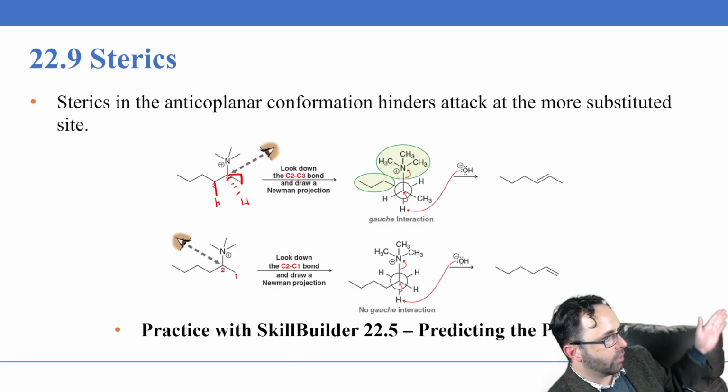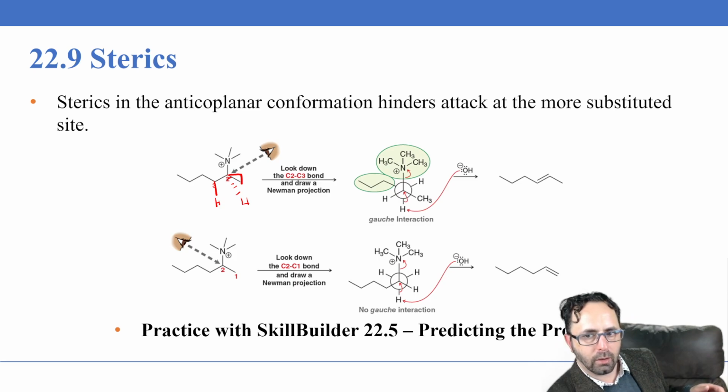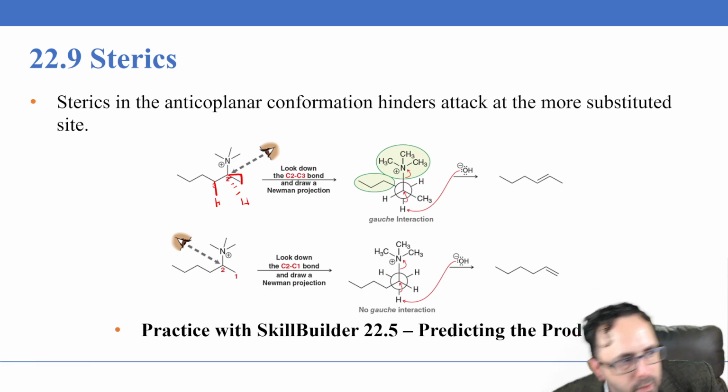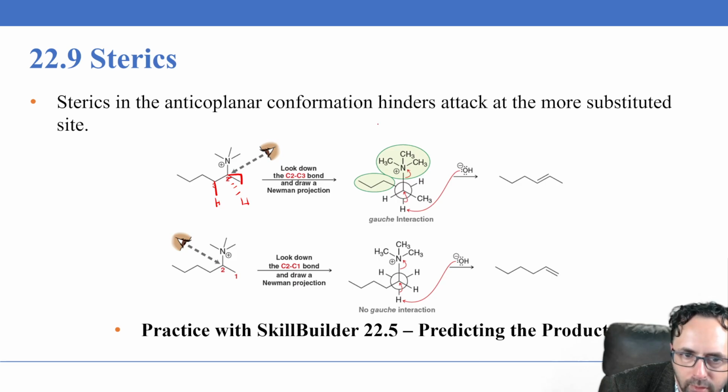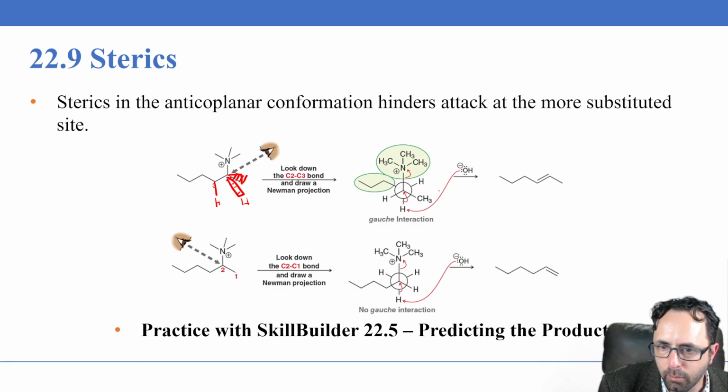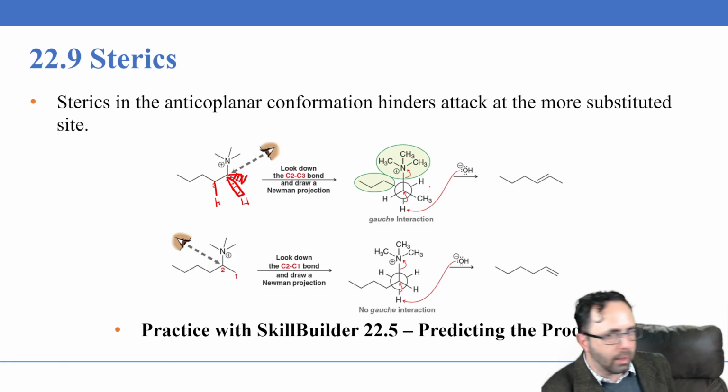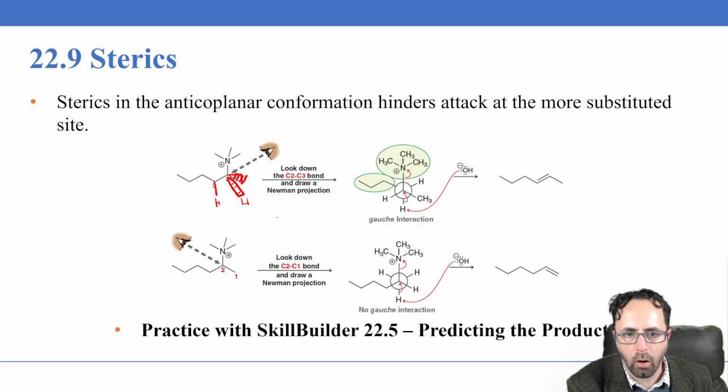Then the wedges here are on the left side, and the dashes are on the right side, right? So actually, I think I got this reversed here. So the wedge will be the hydrogen. The dash will be the methyl. So let's break this down here. So we're looking left to right here. Our dashes are on the right side. So this is our dash, right side.